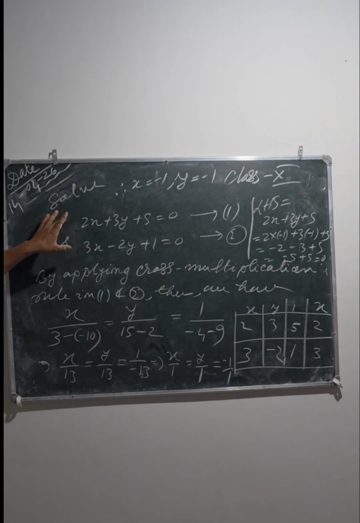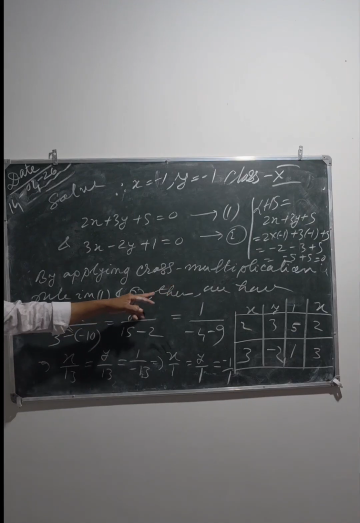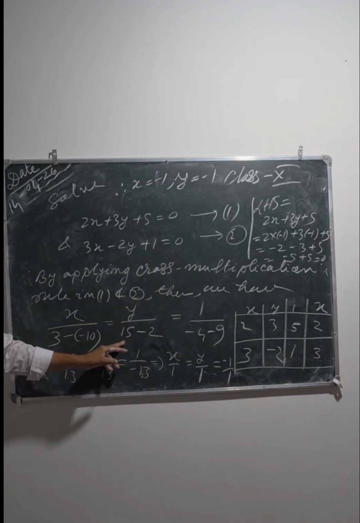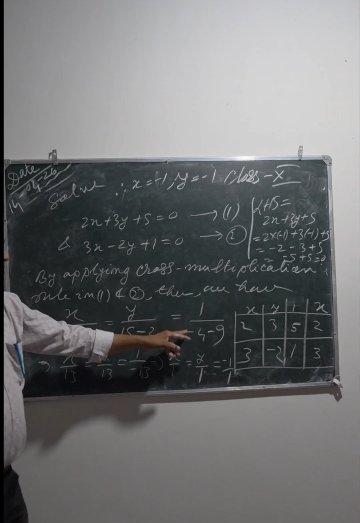If we are given any two simultaneous equations, first of all we have to write them with the right-hand side always 0. Then by applying the cross multiplication rule in 1 and 2, we have x by something, y by something, and 1 by something.